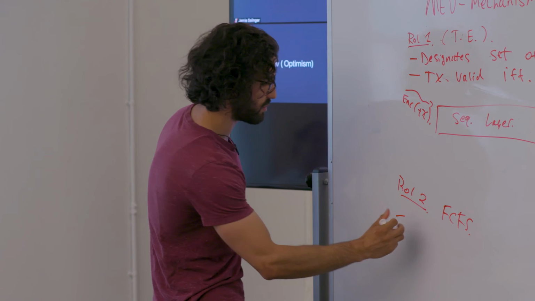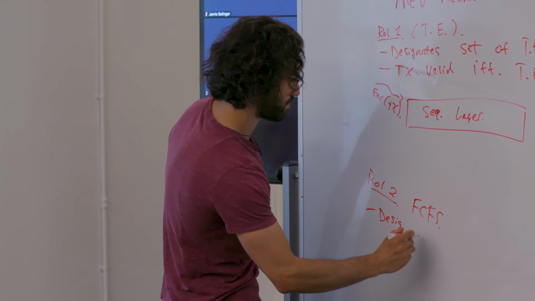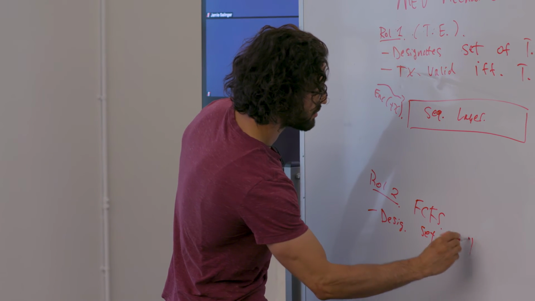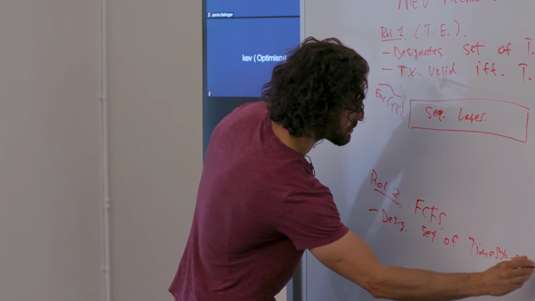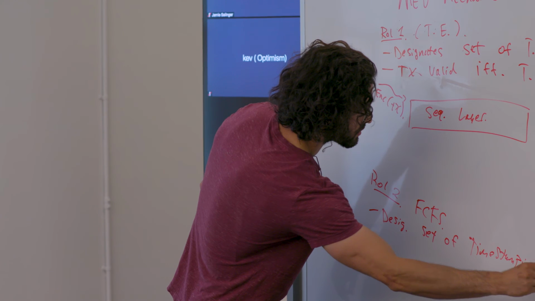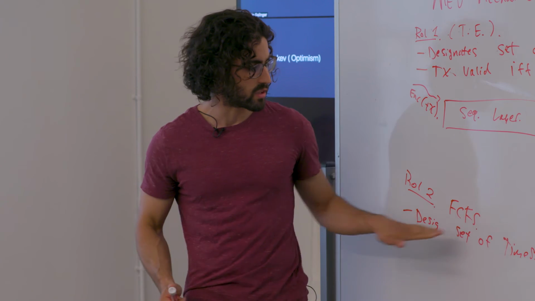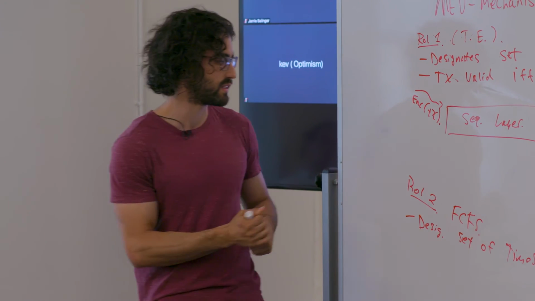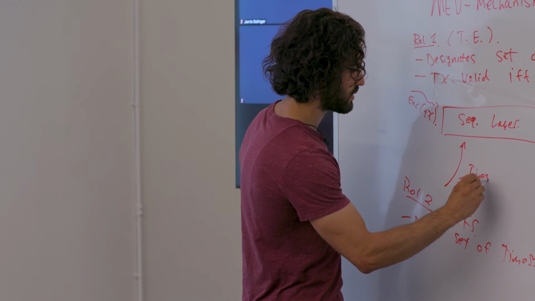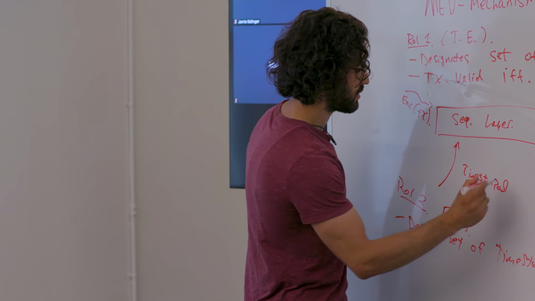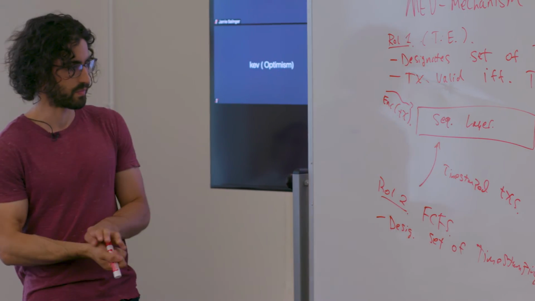So the idea would be the same. Designate a set of timestamping servers, and the transaction would have to be sent to each of these servers to get timestamped before it would be considered valid by this rollup, so that these timestamped transactions would then be sent to the common sequencing layer.